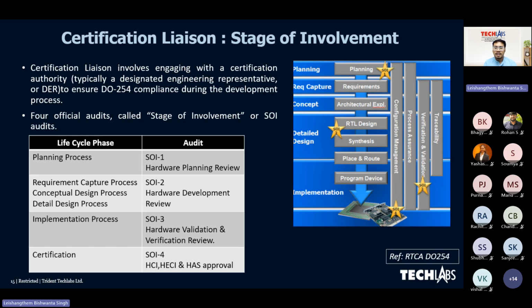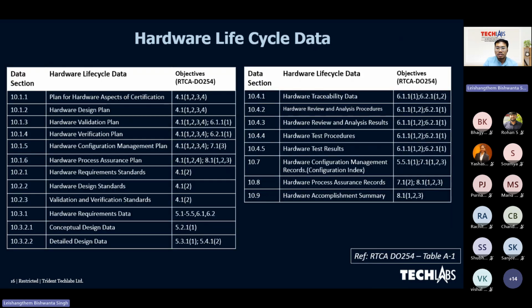Moving on, in the next slide, I'll be showing you the official hardware lifecycle data that is provided in the RTCA DO-254 document. Over the years, there have been changes in the lifecycle data also. These are lifecycle data, not artifacts actually. So we have two terms: hardware lifecycle data and artifact. The hardware lifecycle data are the official document data that you have to bring out in front of the audit people.